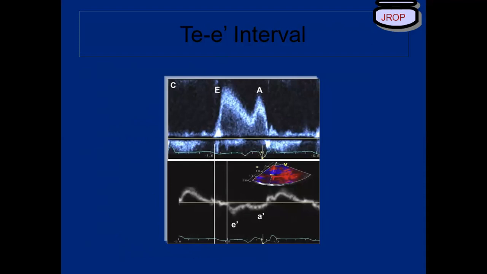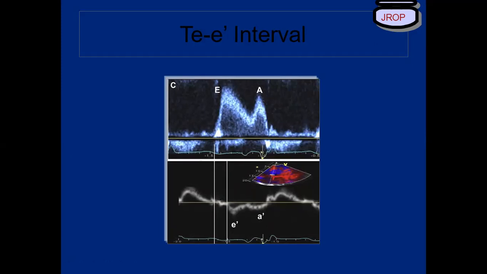At the end of the T wave, we see the mitral flow pattern. So the interval between end of T wave to opening of the mitral flow pattern, and end of T wave to opening of E prime, are two different timers.